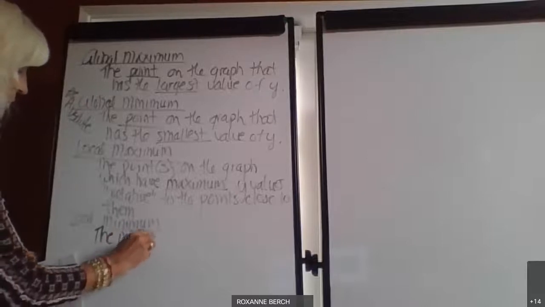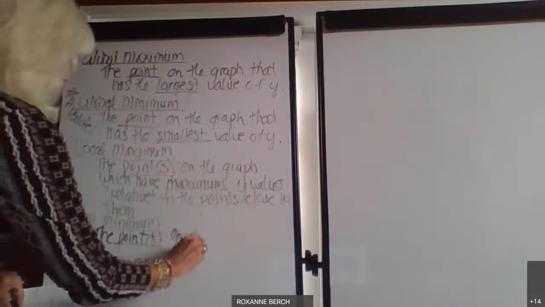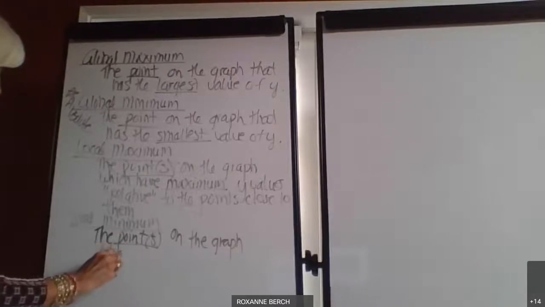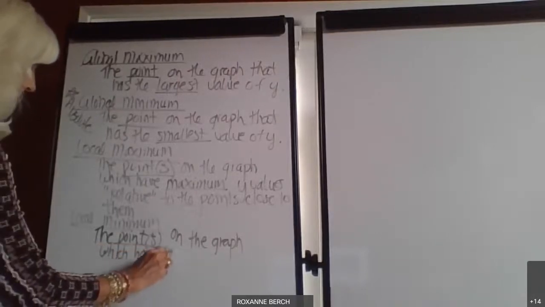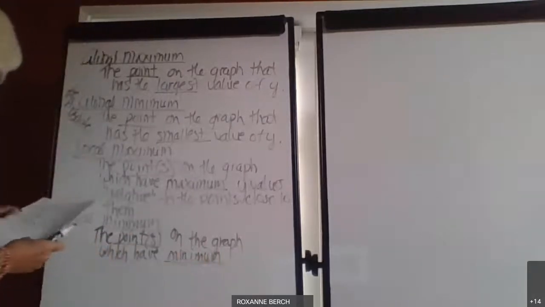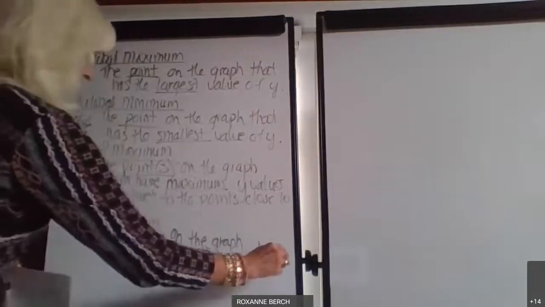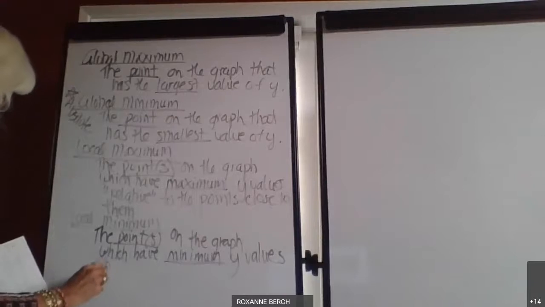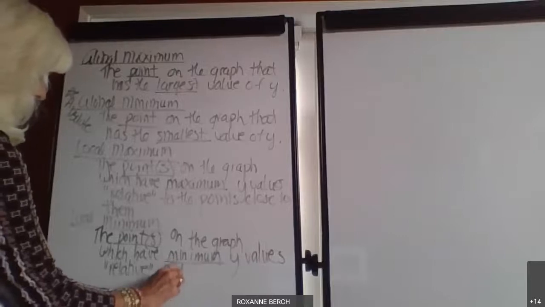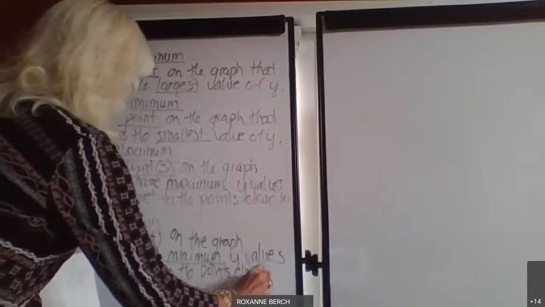So it's the point or points which have minimum y values relative to the points close to them.